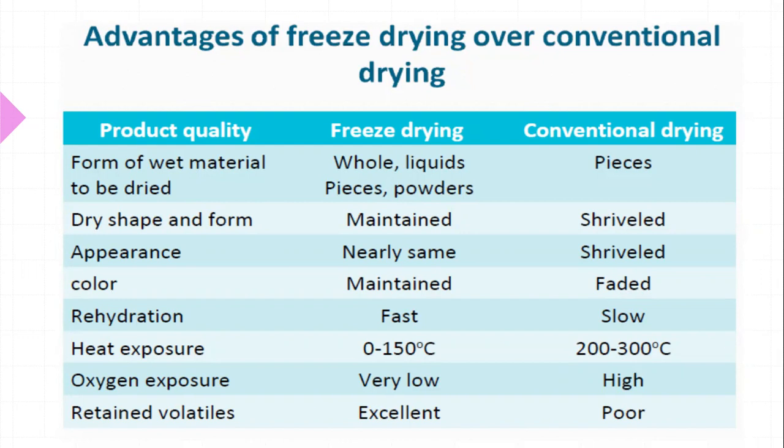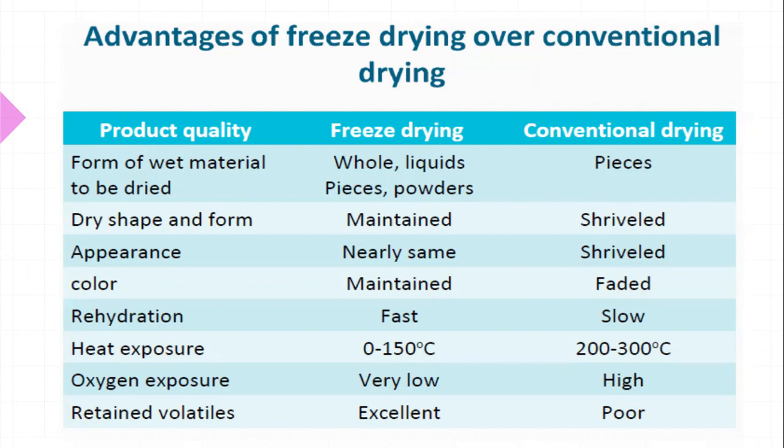Dry shape and form: the shape is maintained when you freeze dry, while in conventional drying it gets shriveled. Appearance is nearly the same when you freeze dry, while in conventional drying it's shriveled. And color is maintained while you freeze dry, while in conventional drying it is faded.